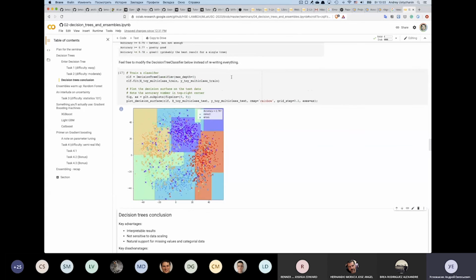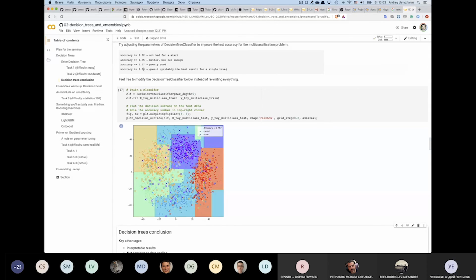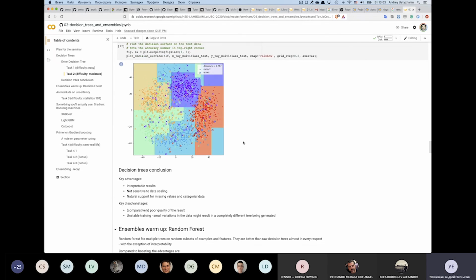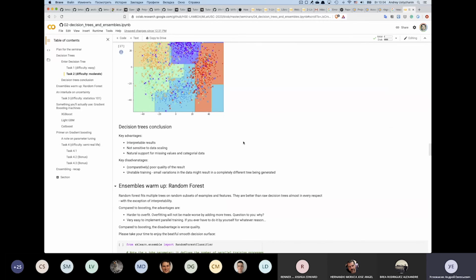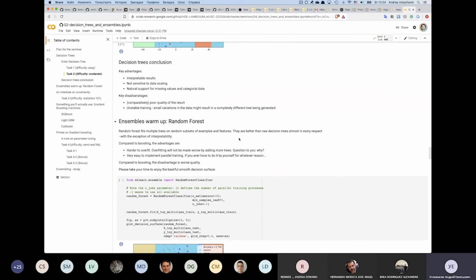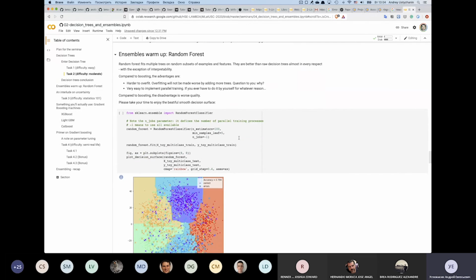Okay, and I leave it to you. I already managed to get quite nice results that are higher than 0.78. It was not difficult. Okay, so now let's move on to ensemble models.